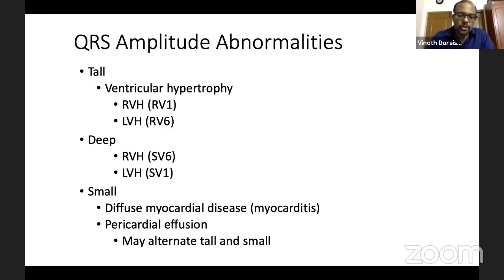In the same way, a patient with COPD, chronic obstructive pulmonary disease, with a lot of air, or a very obese patient with a lot of subcutaneous fat. In all of these patients, because the impulses cannot reach the ECG leads effectively, you will get a small QRS complex. Okay, so these are examples of small QRS complex.